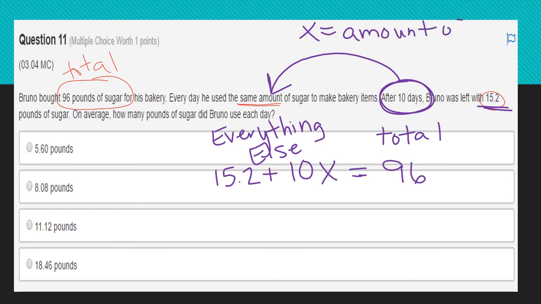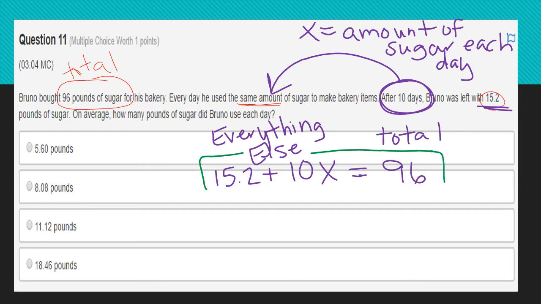So X is the amount of sugar each day. Okay, so oftentimes people get confused on how to write this out as an equation. And so this would be our equation, which the question's not asking for that. We're going to have to solve this. But keeping in mind that our equation usually has our total on one side and then everything else that he used on the other.